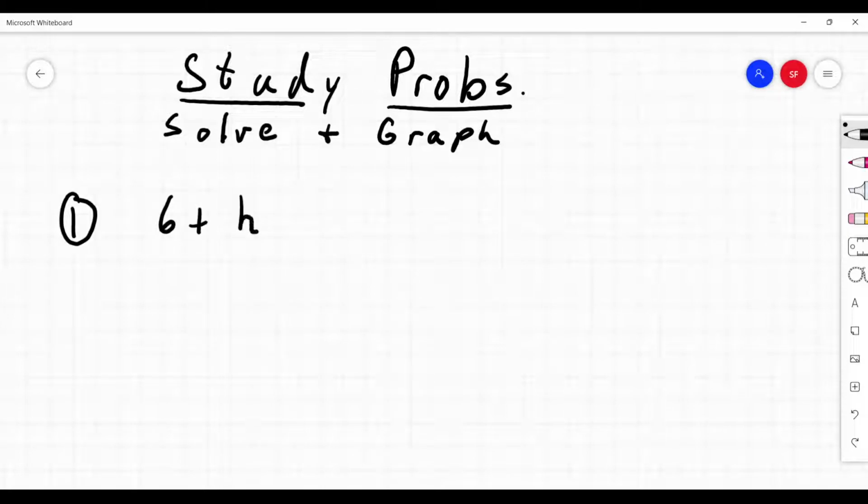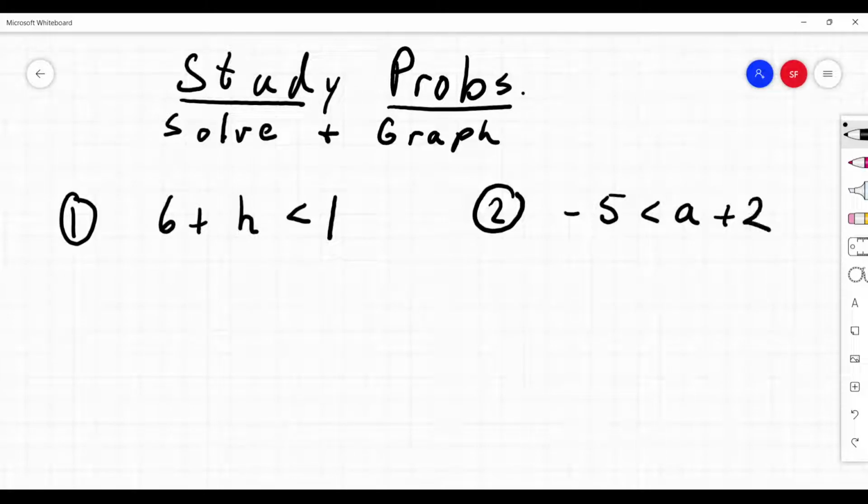6 plus h is less than 1. And then number 2 is going to be -5 is less than a plus 2.